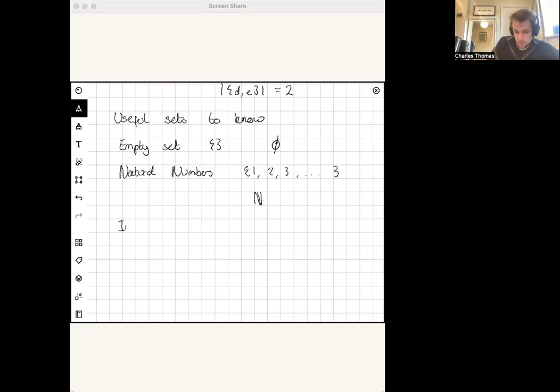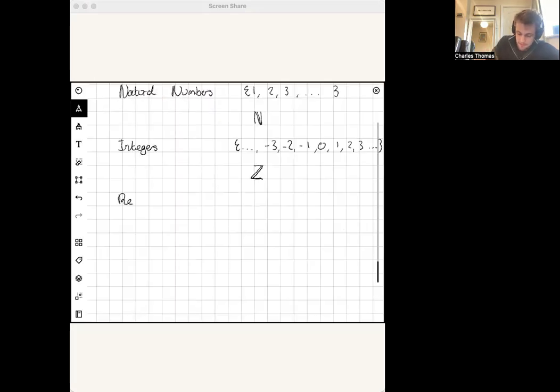Then we have the integers. And this is all the negative numbers too. So -3, -2, -1, and it goes on forever this way. Then we have 0, then we have 1, 2, 3, and it goes on forever this way as well. And this has this symbol, the fancy Z. And finally, we have the real numbers.